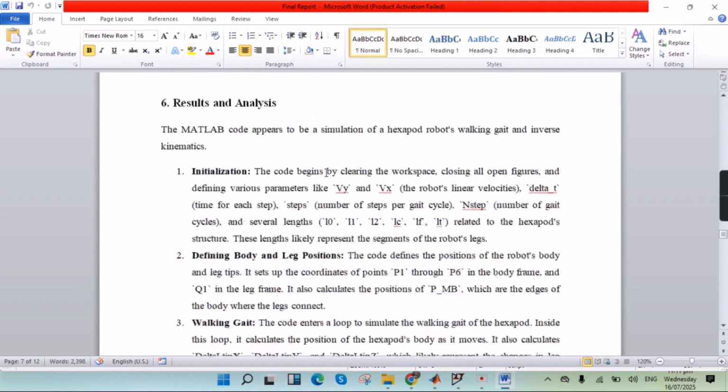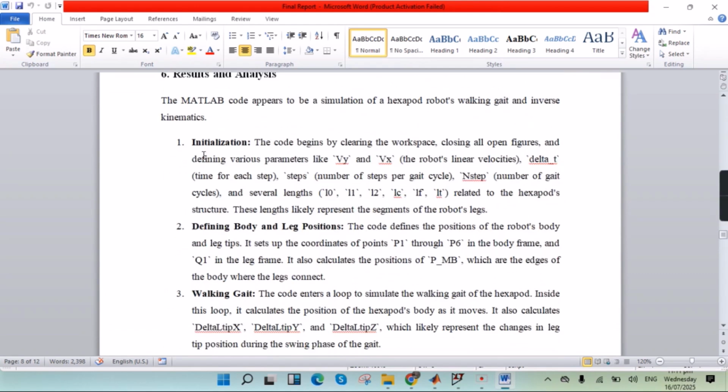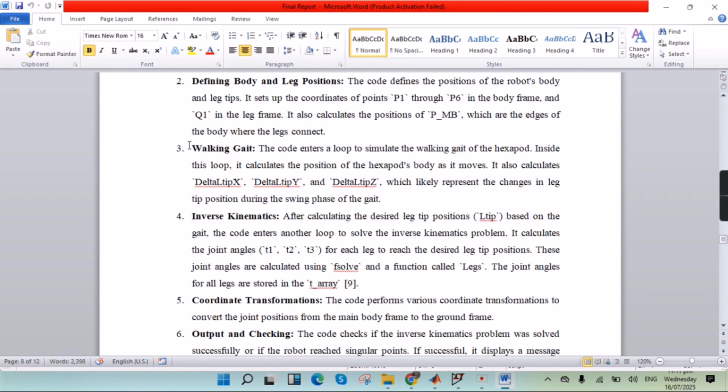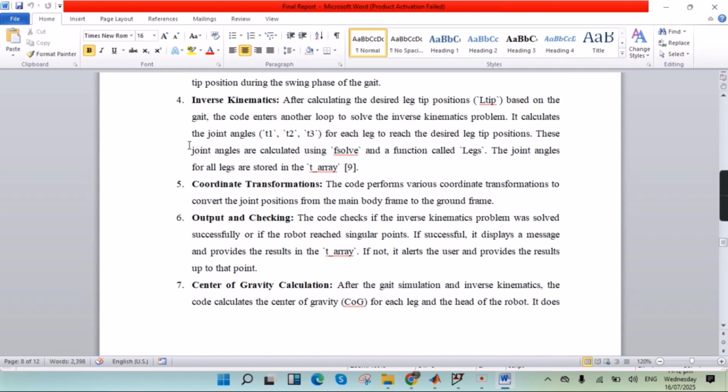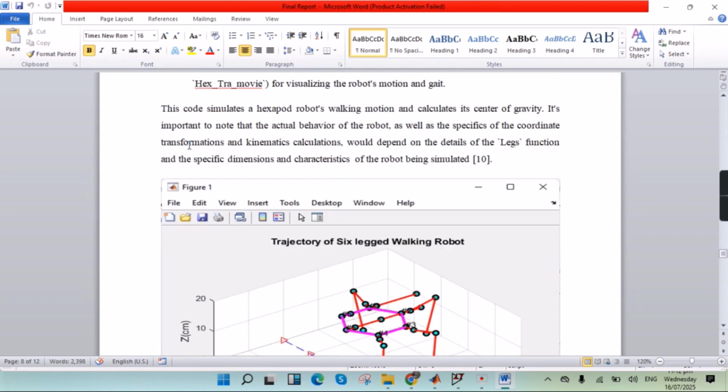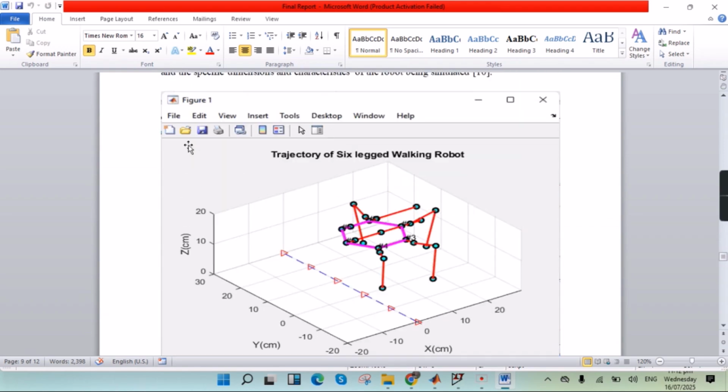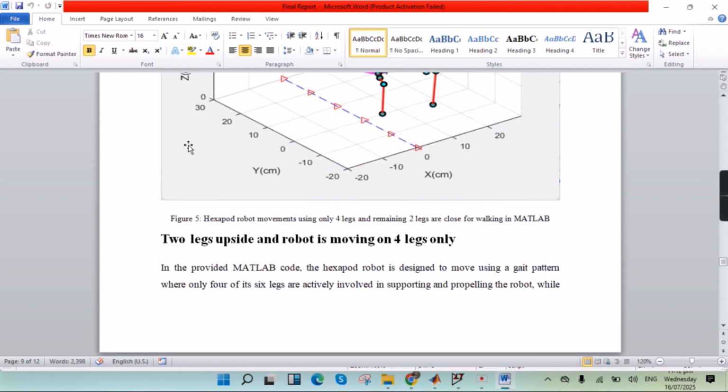These are the results and analysis in which I have explained all the initialization, body, legs position, walking gait, inverse kinematics, coordinate transformations, outputs, and checkings based on different center of gravity calculations. So this graph presents that we just close two legs and only four legs are working to walk this robot.